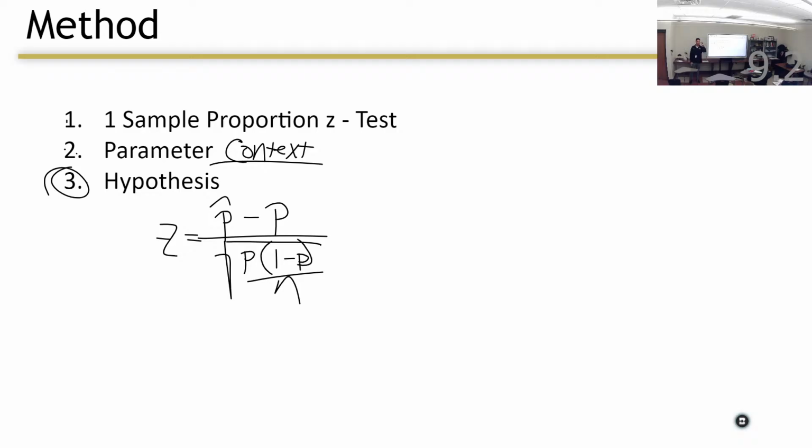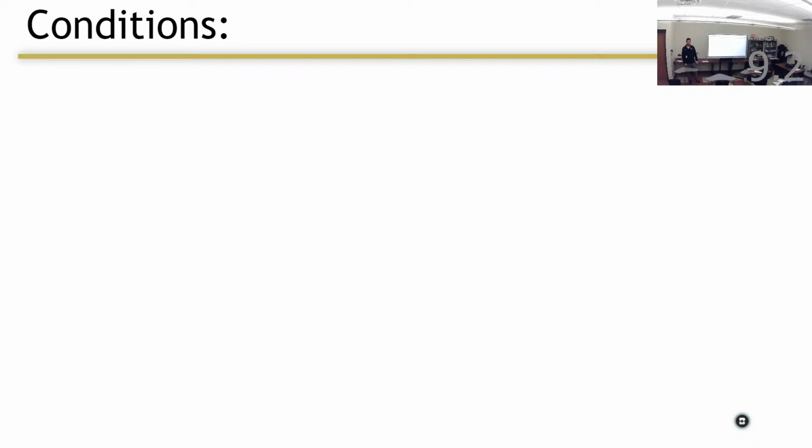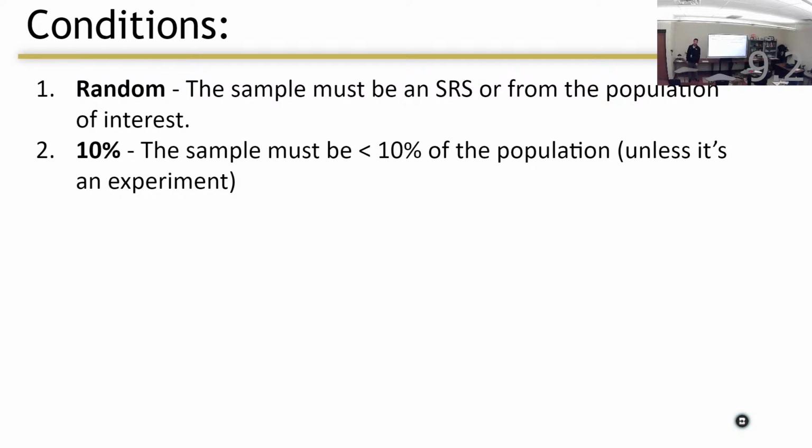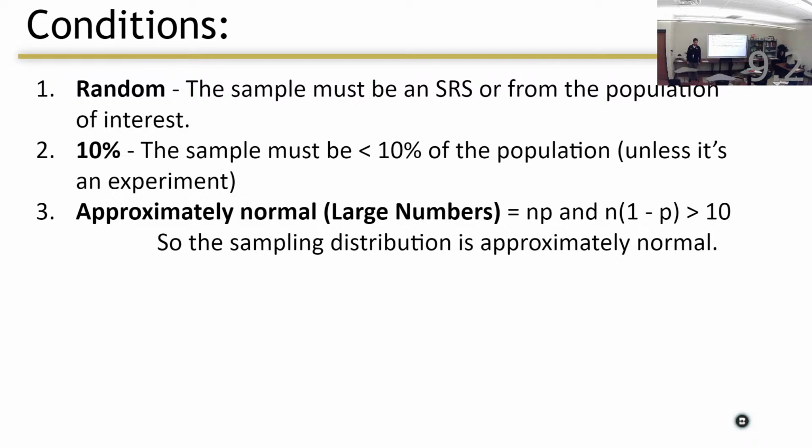Conditions, calculations, conclusion. So we're going to go to the conditions. And guess what the conditions are? Random, 10%, large counts. Those are the same exact conditions. The only difference is that it is now P, not P hat. That is the only difference. Still have to have an SRS.